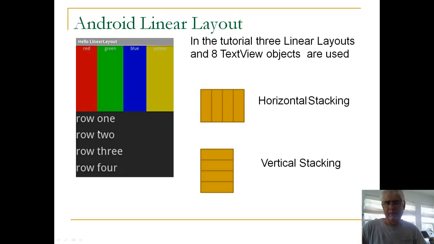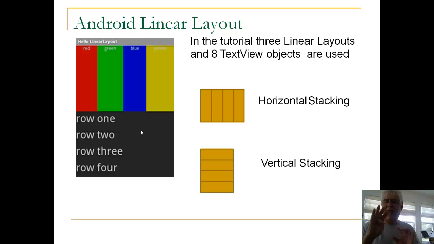In the bottom, you've got this vertical stacking. We haven't applied any color, just some text. And notice what we've got here: row 1, row 2, row 3, row 4. This is 4 text view objects with the Android text attribute of the text view object set to a string, which refers to row 1, a string which refers to row 2, row 3, row 4.